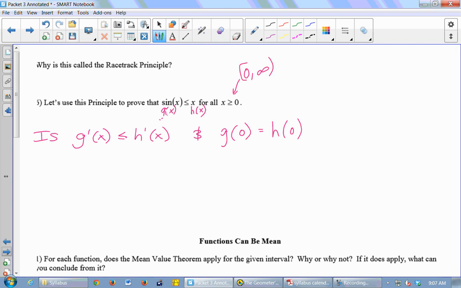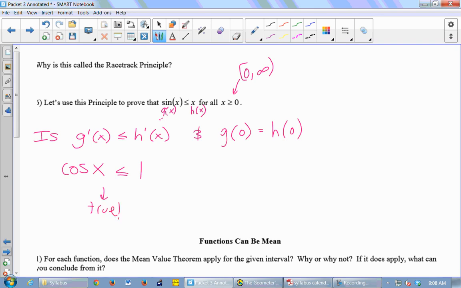Okay. All right, what is g prime? Cosine x. What is h prime? 1. Is that a true statement? Is cosine of x always less than or equal to 1? Yes. Okay.